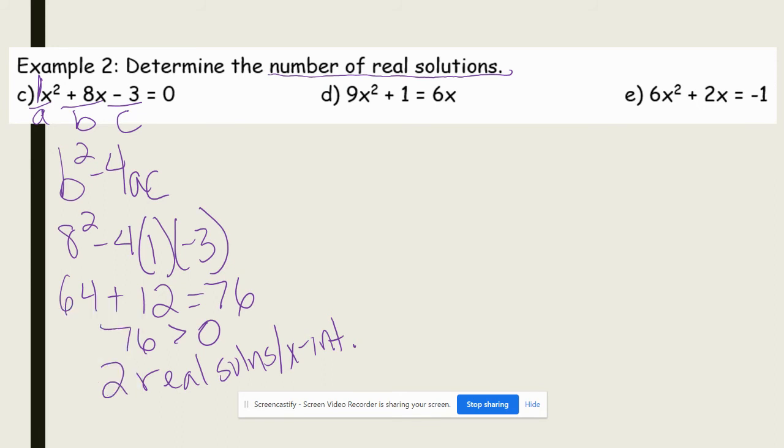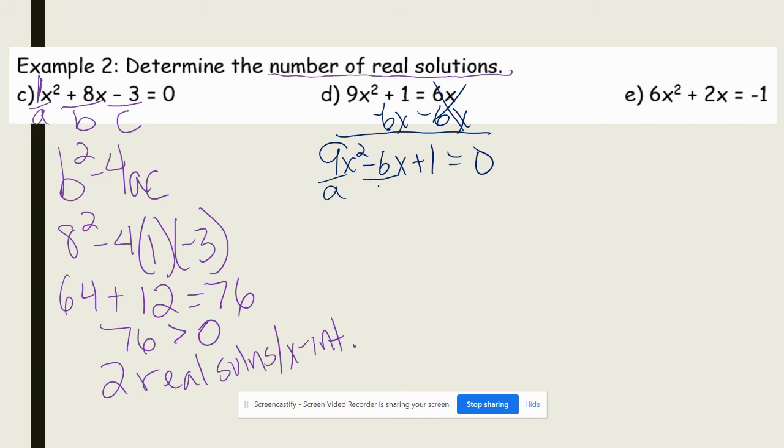Example D is not equal to 0 and not in standard form. So we'll start with the opposite of adding 6x, which is subtracting 6x to move it to the other side. 9x squared minus 6x plus 1 is equal to 0.